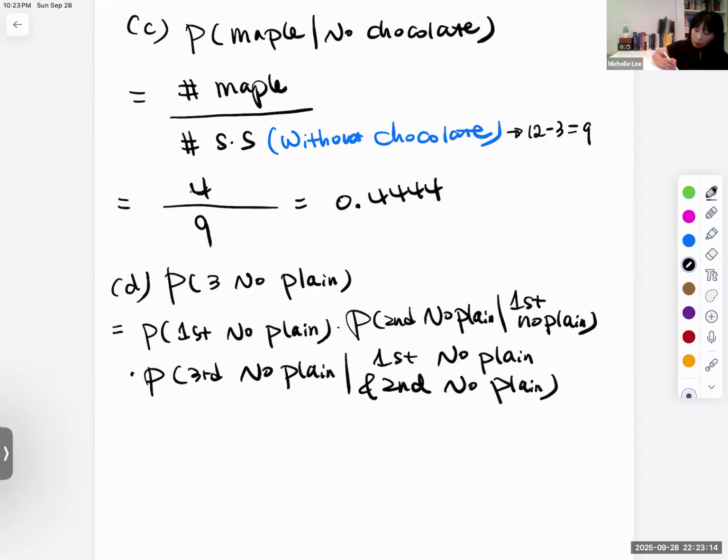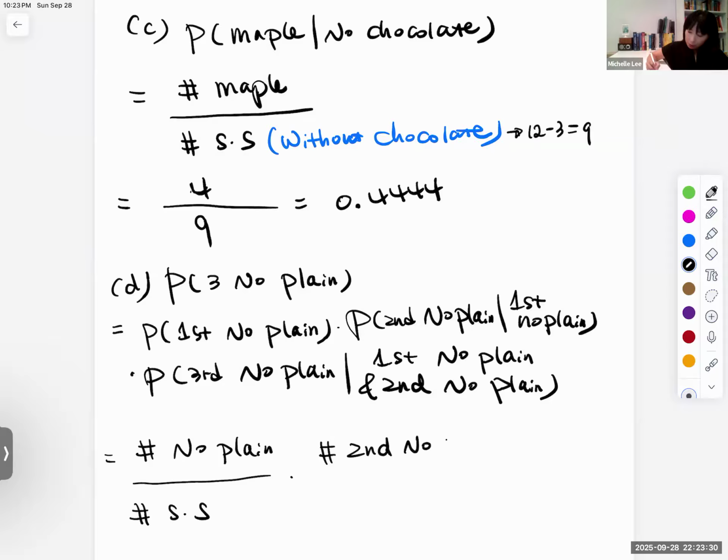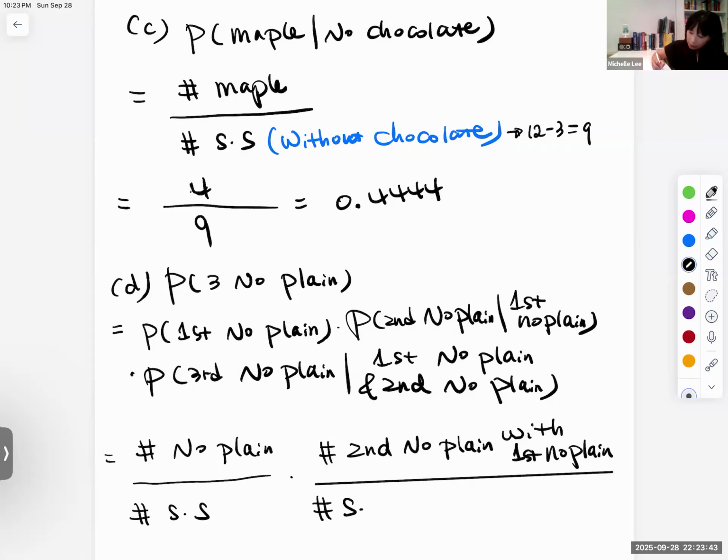So we have the number of no plain over the number of sample space, and then second, no plain with first no plain, divided by the number of sample space without the first no plain.